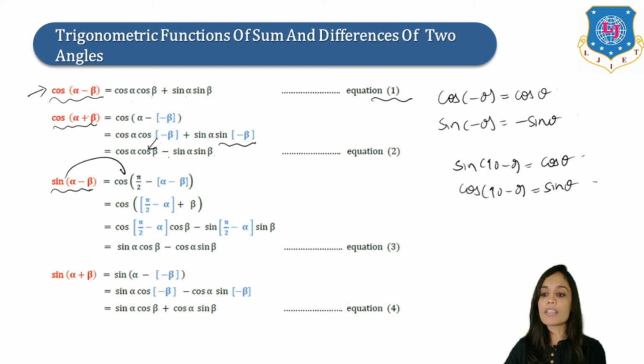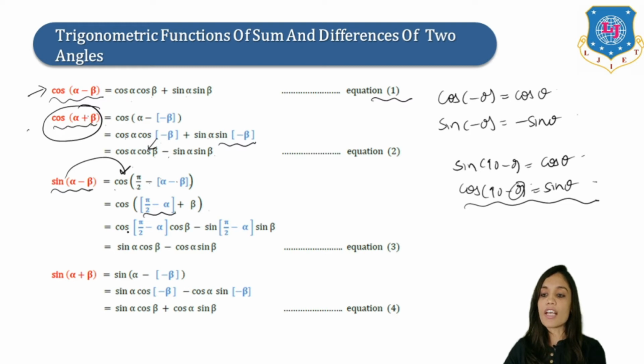So I will write this as cos(pi by 2 minus (alpha minus beta)) using this formula, where our theta is alpha minus beta. Now we will simplify this. So we can write it as cos((pi by 2 minus alpha) plus beta). Now let us apply the formula of cos(alpha plus beta).